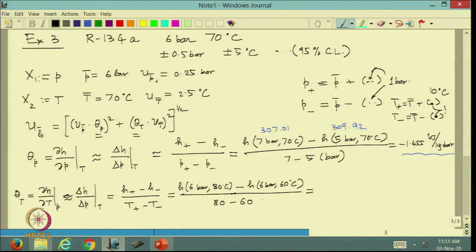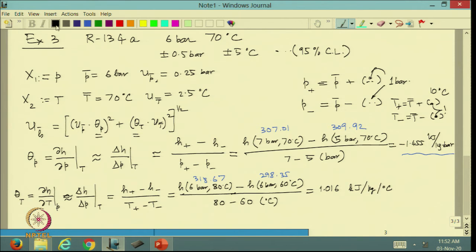If you do this whole calculation, this is all in degrees Celsius, you will get 1.016 kilojoules per kg per degree Celsius. And the values that I had were 318.67 for this and 298.35 for this.